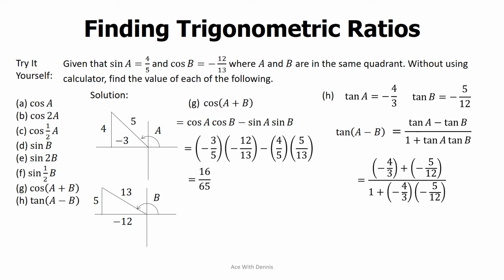Tangent A is -4/3, tangent B is -5/12. So inside the equation is (-4/3 plus 5/12) over (1 plus -4/3 times -5/12). Okay, we press the calculator and we get the answer is -9/8.